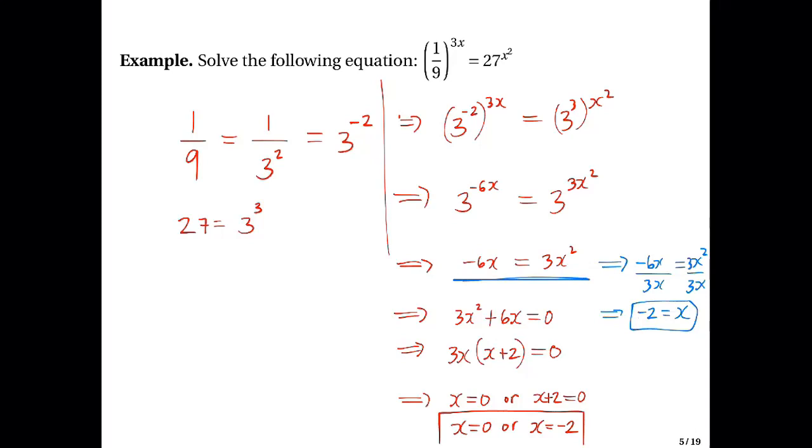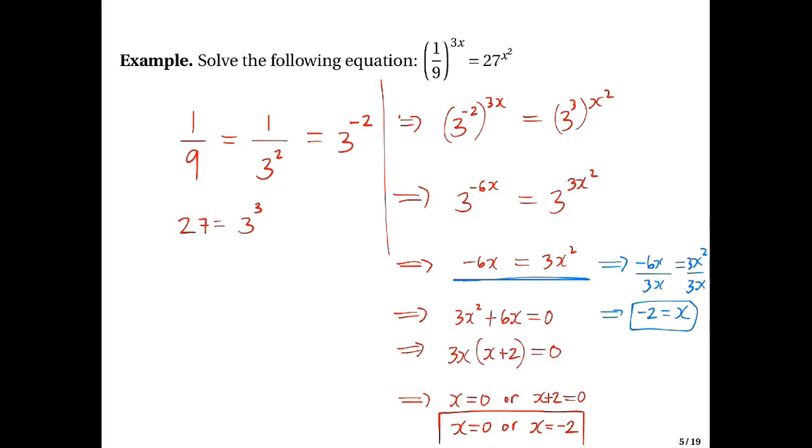Okay? Take note that when you divide by 3x, your divisor has a variable. This means you assume that the expression you are using as a divisor is not equal to 0.